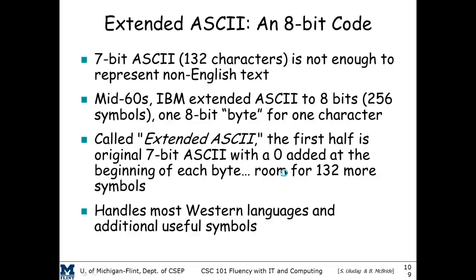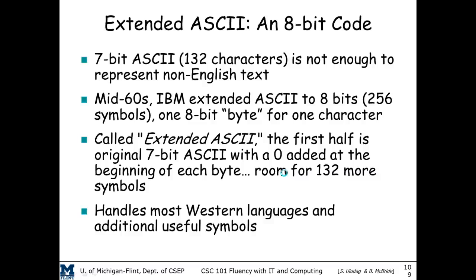By the 1960s, it was clear that the 7 bits were not going to work, because ASCII was developed in the United States and only had enough bits to encode the English language. So IBM, who was the dominant world manufacturer of computers at the time, added an 8th bit to represent other Western European languages.